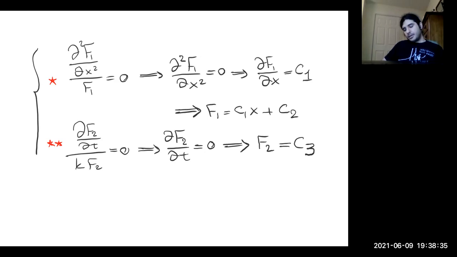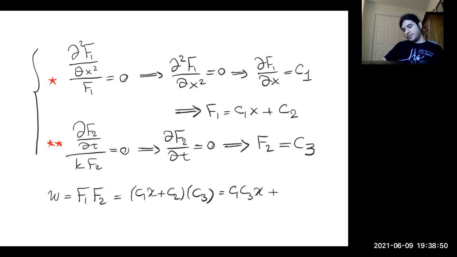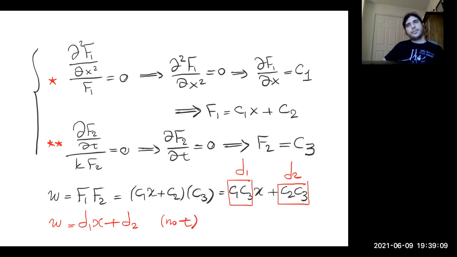Now w was f1 times f2, which would be equal to c1x plus c2 times this constant c3. So it's equal to c1c3x plus c2c3. I would call this part d1, it's just another constant. I would call this part d2, it's just another constant. So w would be equal to d1x plus d2. And note that there is no t.